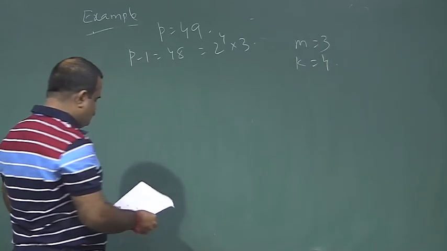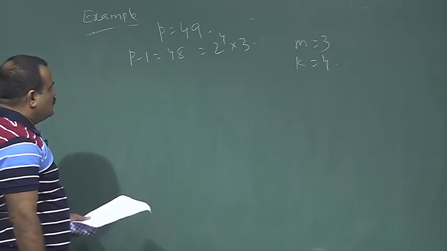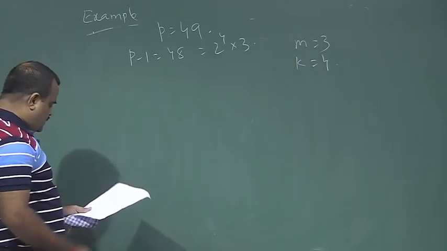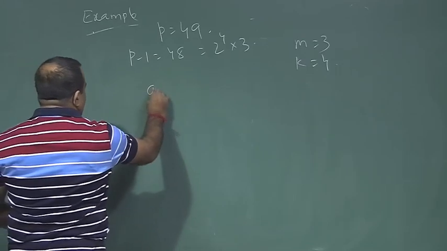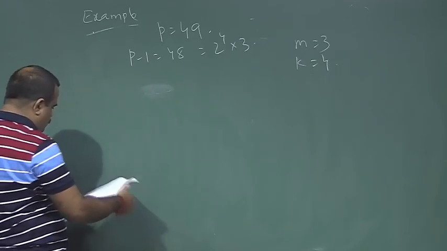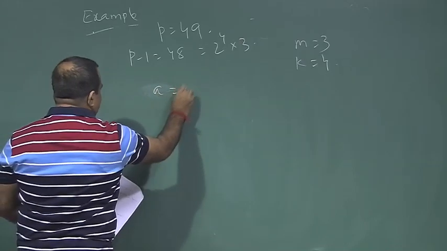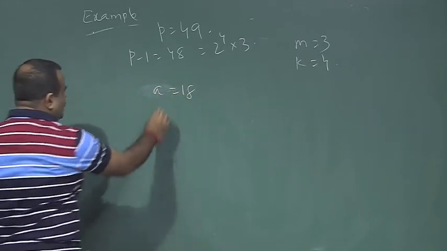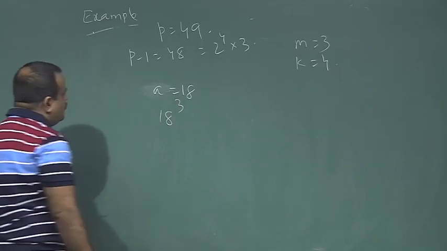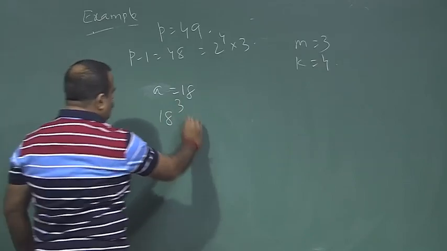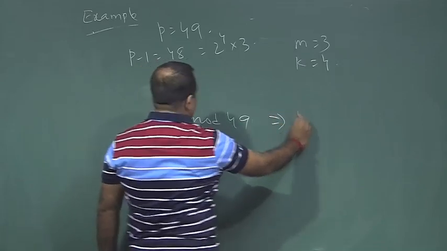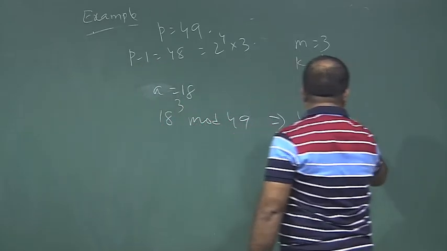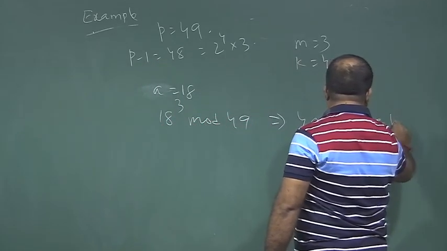So, what do we do? If we choose a equal to 18, then 18 to the power m mod 49 is 1. This gives us that 49 is prime, but only base 18.